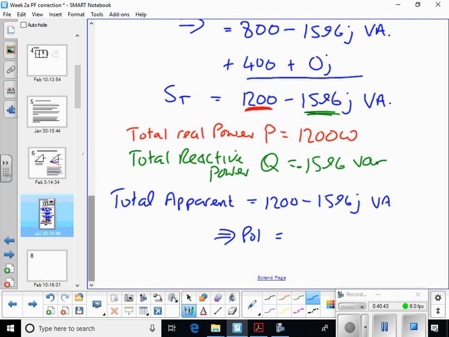equals 1997 VA, angle 53 degrees. Apparent power, yes, that's 1997 VA, and that's at an angle of 53 degrees.